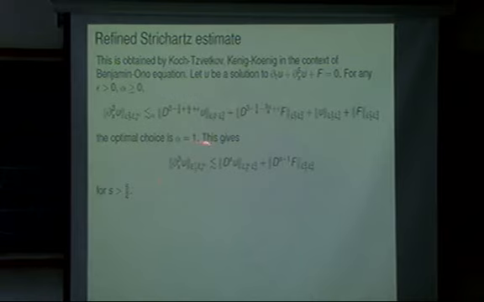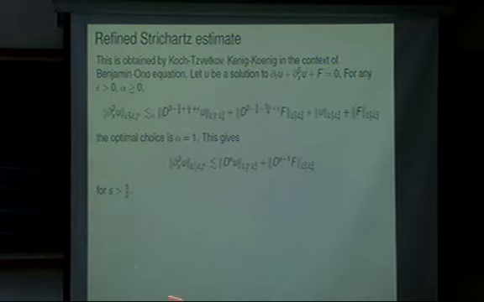By choosing alpha equal to 1, we have such an estimate with one less derivative. Because the linear term has one more derivative, it can be recovered by the local smoothing. This is good news: the nonlinear term has one less derivative. This is true when s is greater than 5/2. So replacing the original Strichartz estimate by this one, we can improve the local well-posedness theory up to s greater than 5/2.